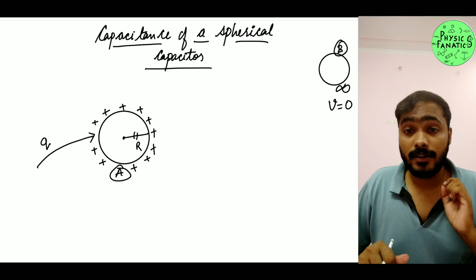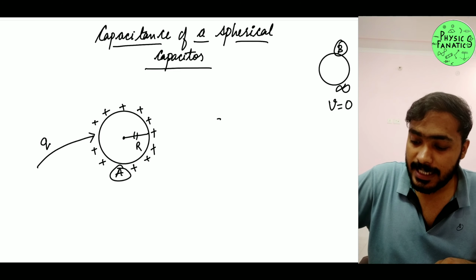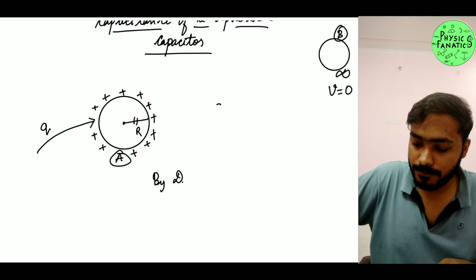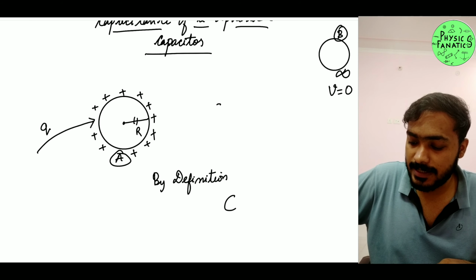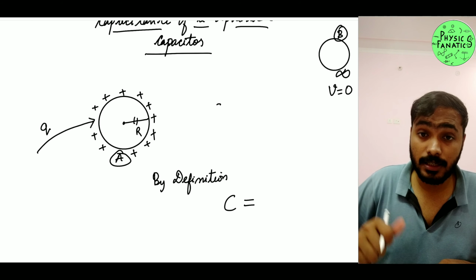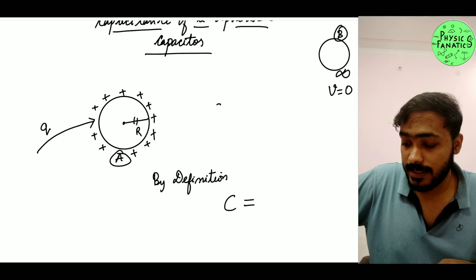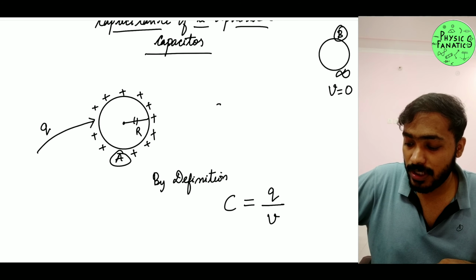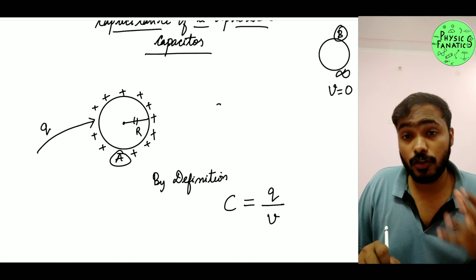Great. Now let's try to understand here. I can say by definition, my capacitance for this spherical capacitor is written as whatever charge, that is the q charge I'm providing, and how much potential has changed because of that q charge, right?